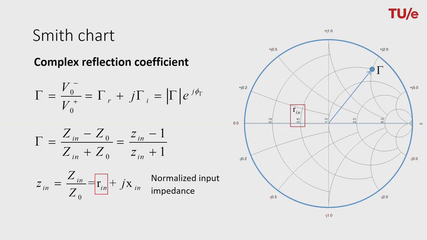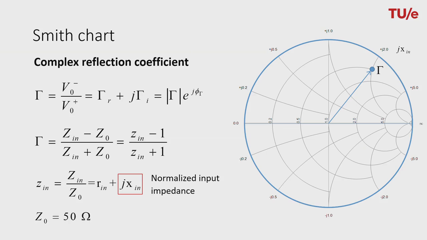If we vary the imaginary part, we walk along the particular circle at hand with a constant real part of the input impedance. Similarly, we can keep the imaginary part constant, and then we move along these curves, which in fact are parts of circles, which extend the unit circle of the complex reflection coefficient.